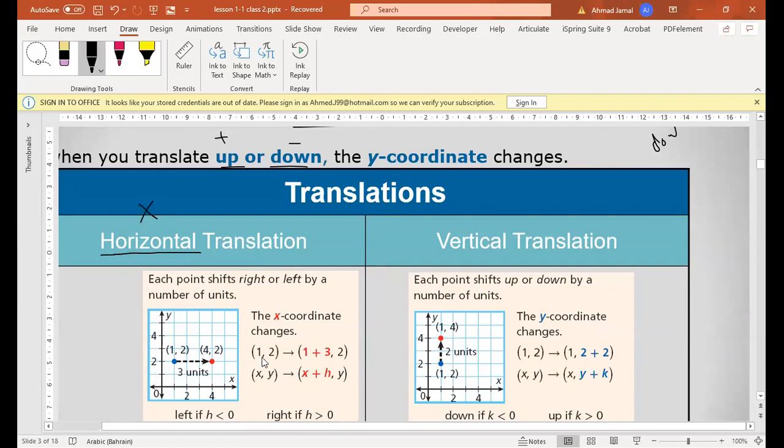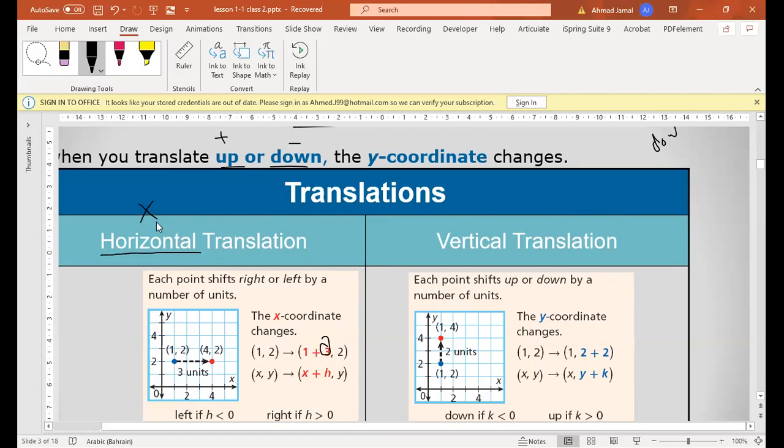If we have the point (1, 2), I will add or subtract. Here, say shift to the right 3 points, so I add 3. Again, translation means move right, left, up or down.